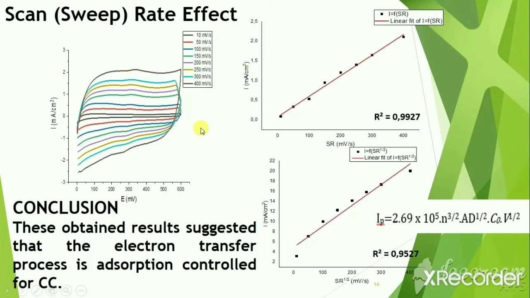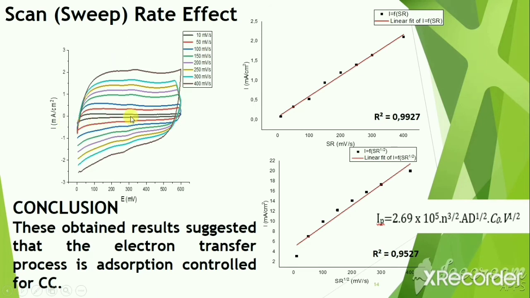To check the performance of the sensor, the first thing we should do is to evaluate and assess the diffusion on the surface of the sensor. To do so, we have changed the scan rate from 10 to 500 millivolts per second, and as you can see, there is a linear relation between the scan rate and the current flow.